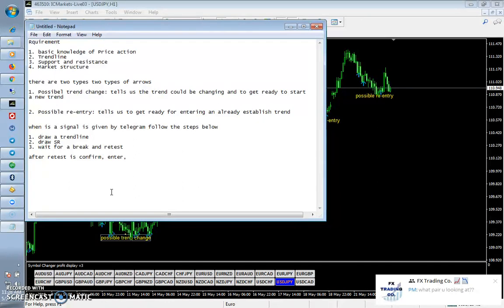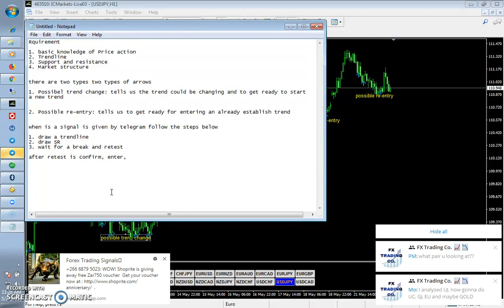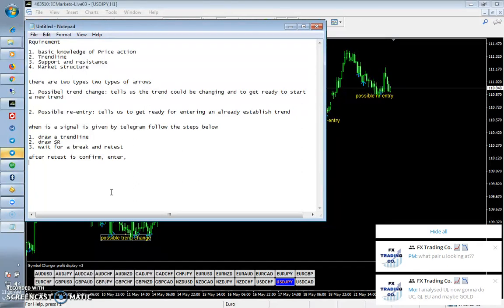There are two types of arrows this Telegram signal generates according to the present update. Number one is the possible trend change arrow.